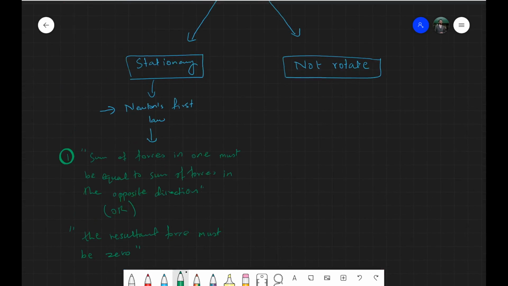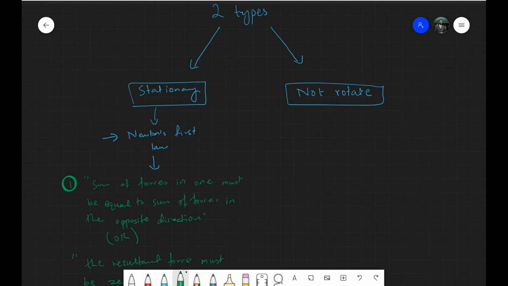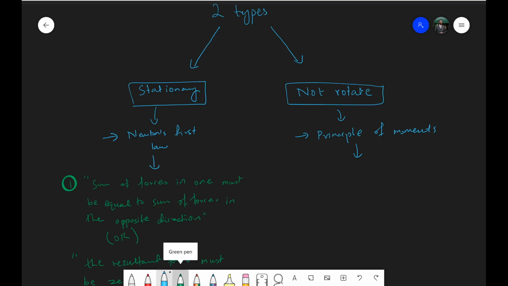So in order for the object to not rotate and to be in rotational equilibrium, what we are going to write here is the principle of moments, which was what the last video was about. So the principle of moments is the second condition of equilibrium.